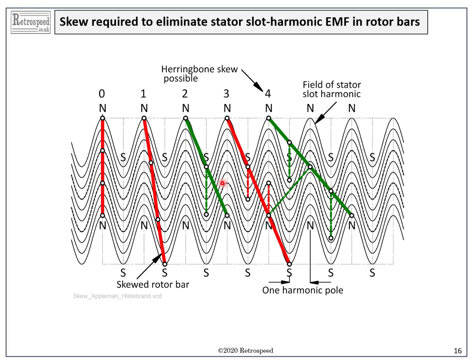Now, just one difficulty with this is that there is a multiplicity of harmonic flux waves, and it may not be easy to pick out the most troublesome one. There may be more than one that is troublesome, and what do we do then?